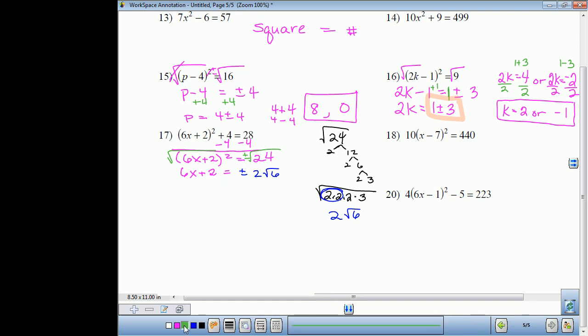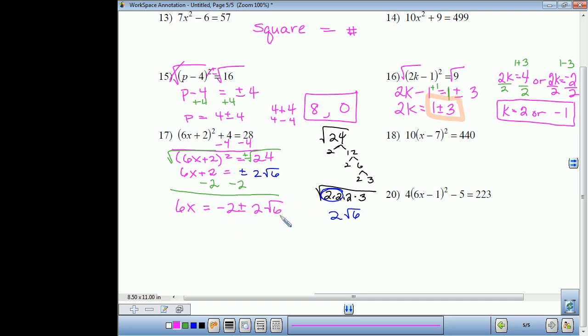Okay, next step. We're solving for x, so next step is to move the 2. Now, when I move the 2, it cancels over here, but it doesn't go together with that. We can't combine these two. This 2 has a radical with it. This one doesn't. So that is all we can do.